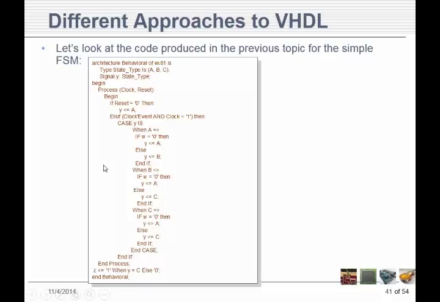Those are in the input or in the entity. But Z is assigned to 1 when I'm in state C, else it's a 0. But that takes place outside of the process because Z is an output only. I can't ever say that Z is equal to not Z.